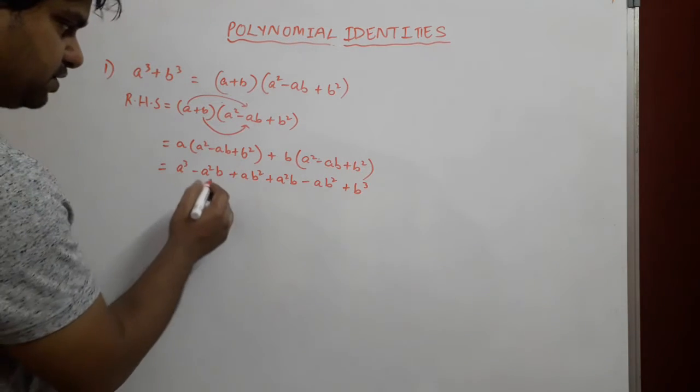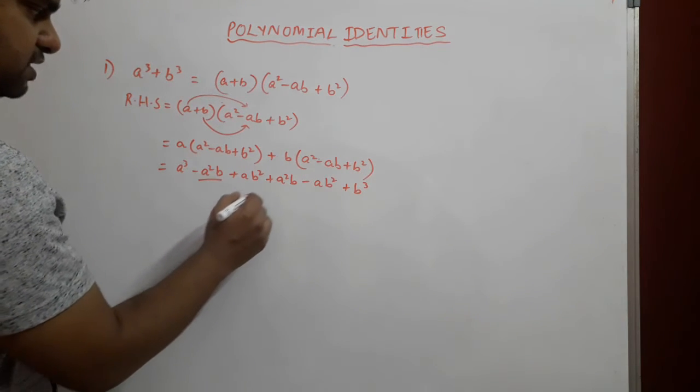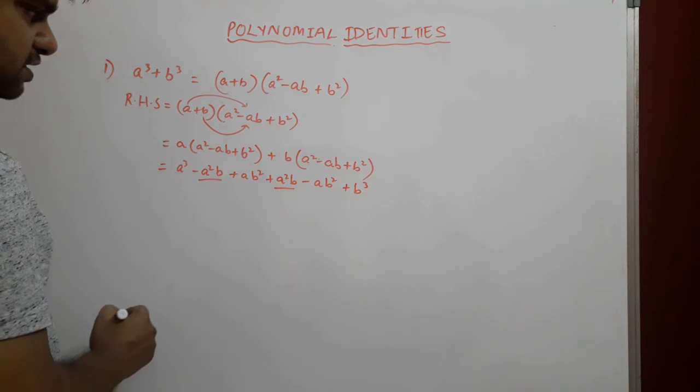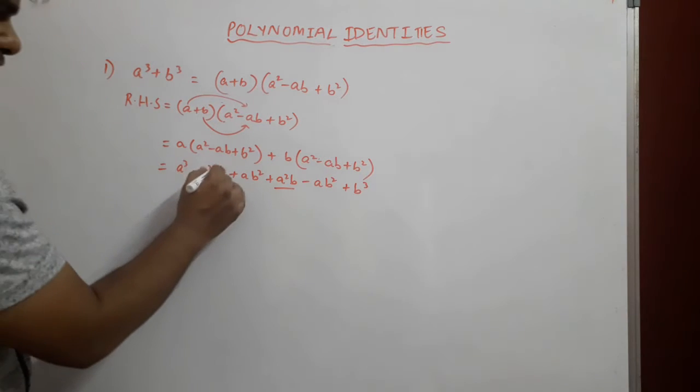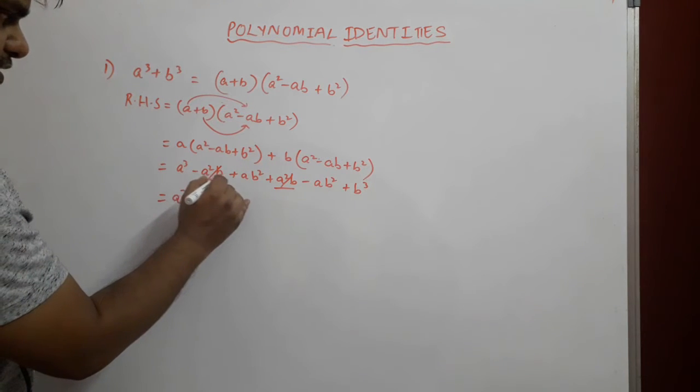Our next step is to see if we can cancel out something. If you have a look, there is minus a square b and plus a square b, which cancel out.